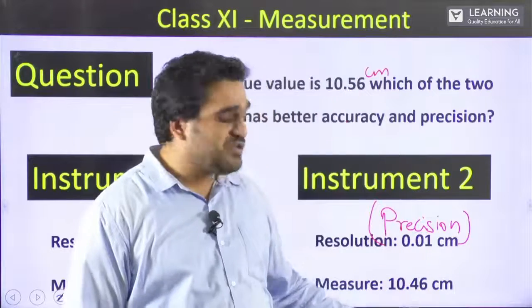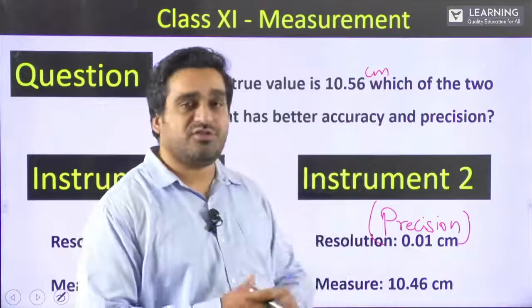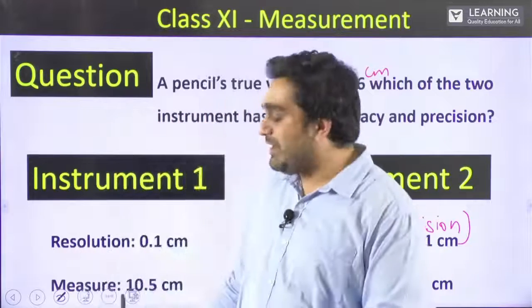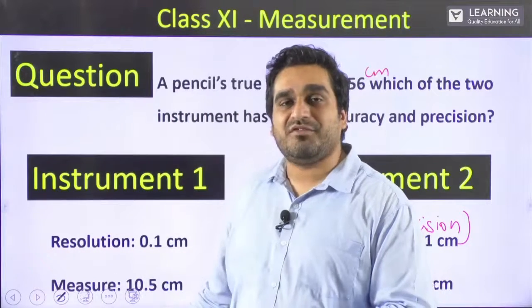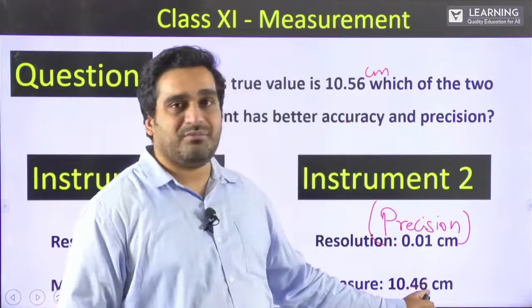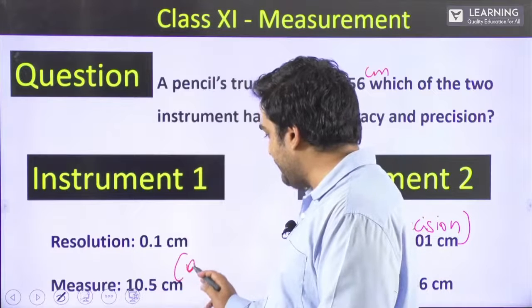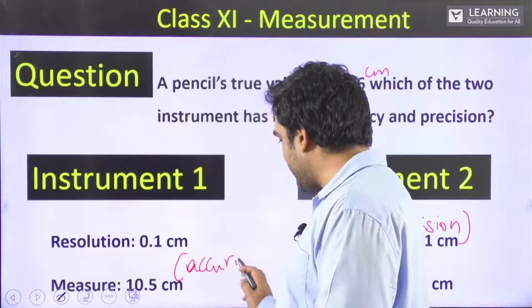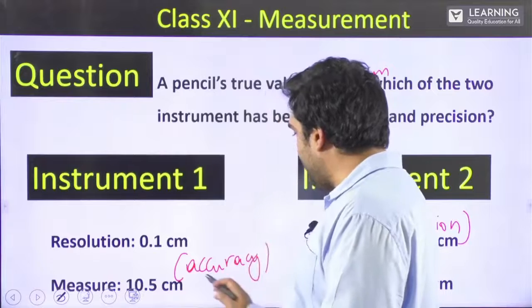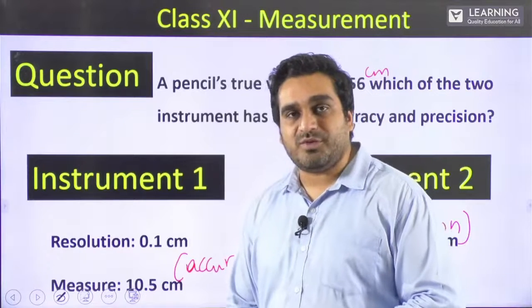Among these two, the measurement which is close to the true value is 10.5. 10.5 is closer towards the true value compared to 10.46. Therefore, accuracy is better in case of instrument 1.